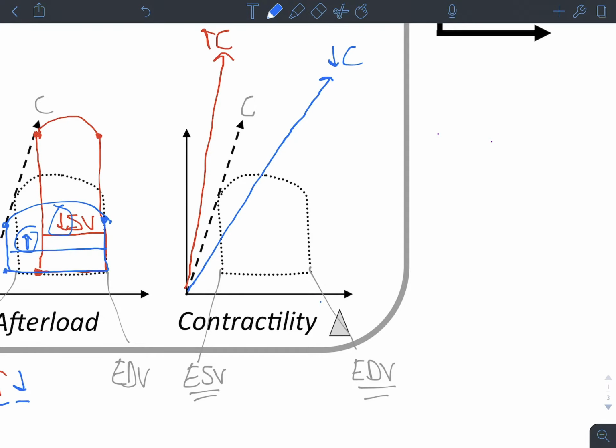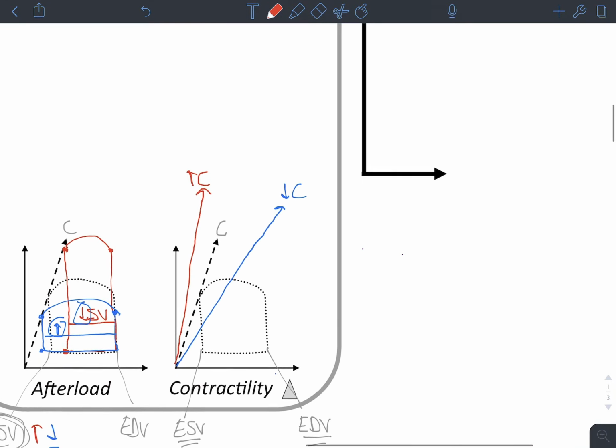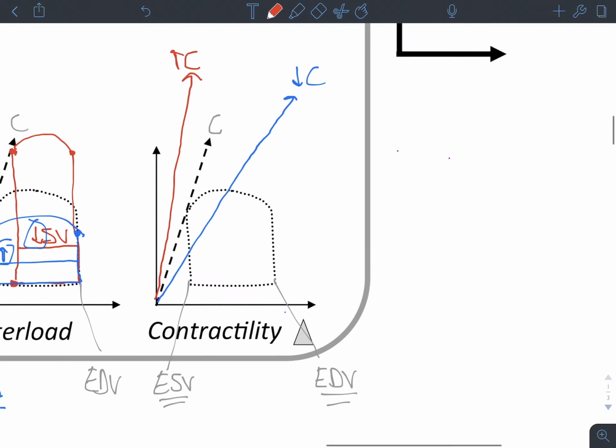Okay, so now let's represent what that looks like for stroke volume. So if we're increasing contractility, we have to make this regular curve somehow fit for this new line. So I'm going to follow end systolic volume up here, like so. So if I'm increasing contractility, the amount of blood that I have left over after systole is going to be less because I'm contracting better, I'm contracting more.